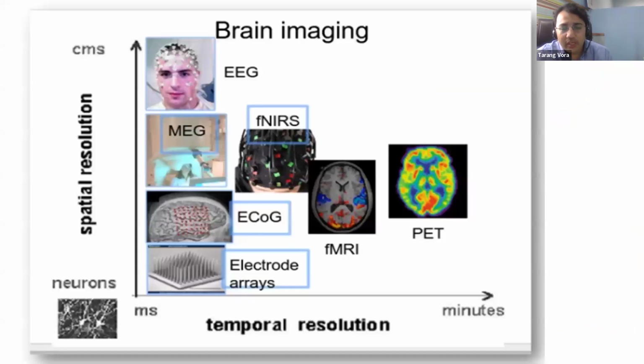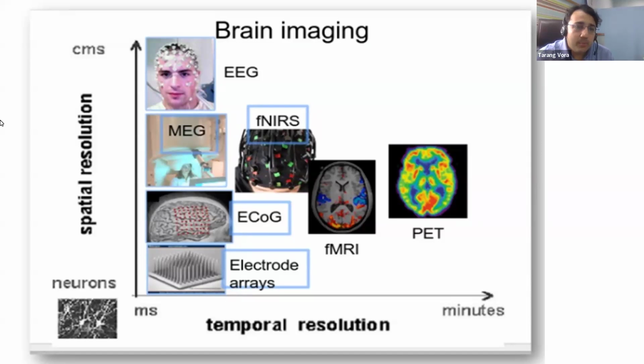So, when we are looking at modalities available to find out the epileptogenic zone, we have multiple modalities ranging from PET to EEG to ECoG, which is surface based electrical readings, to stereo EEG, to MEG.